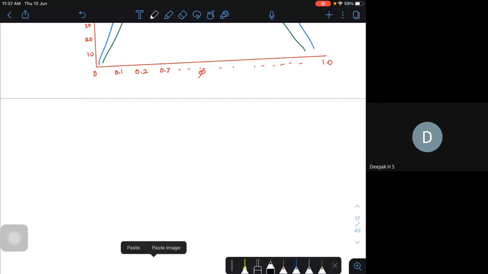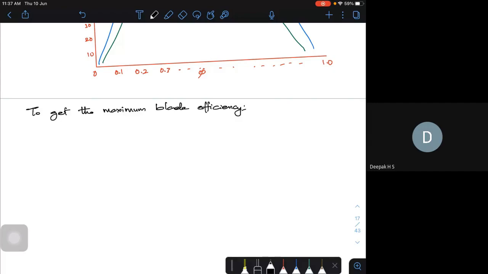So to get the maximum blade efficiency, d eta_b divided by d phi is equal to 0.